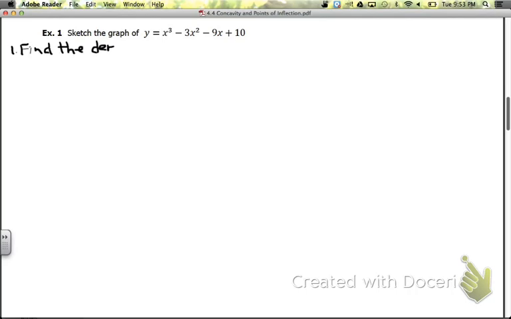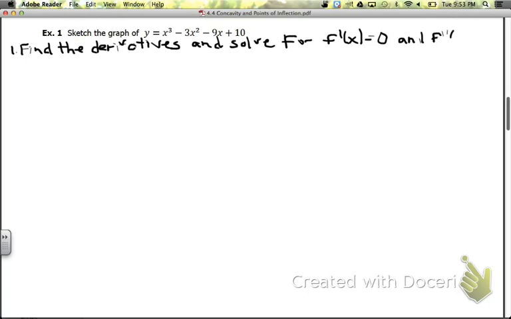And why I say derivatives is because you want to find both the first and second derivative. Okay, and we want to solve for f prime of x equal to 0 and f double prime of x equal to 0.